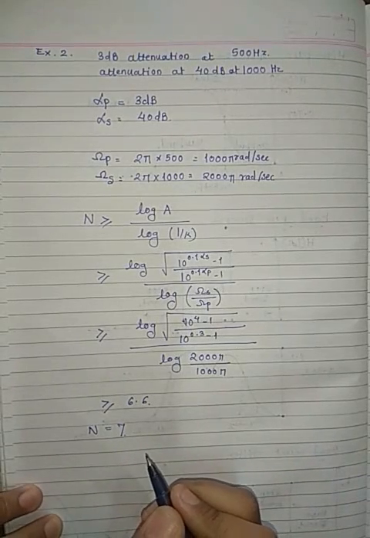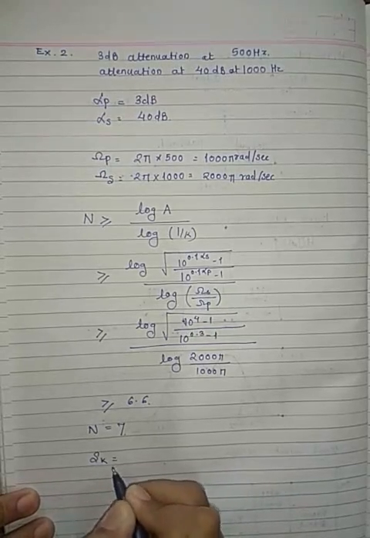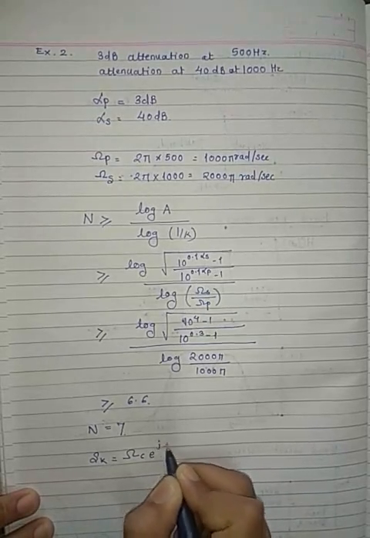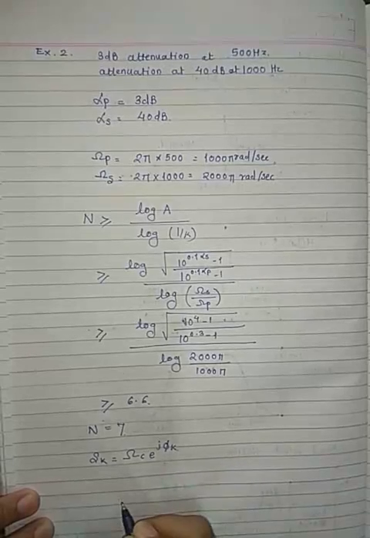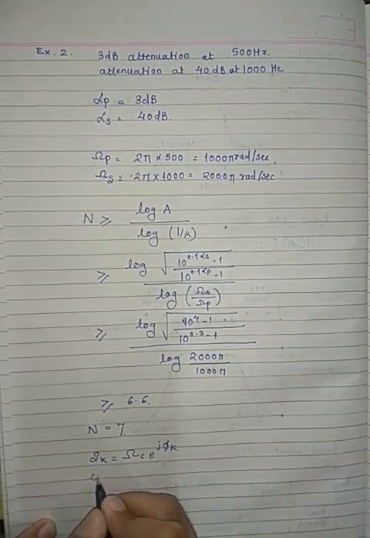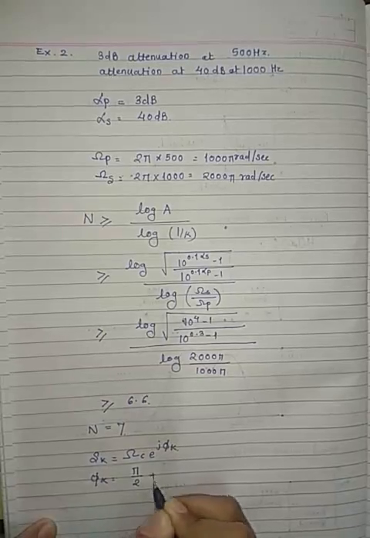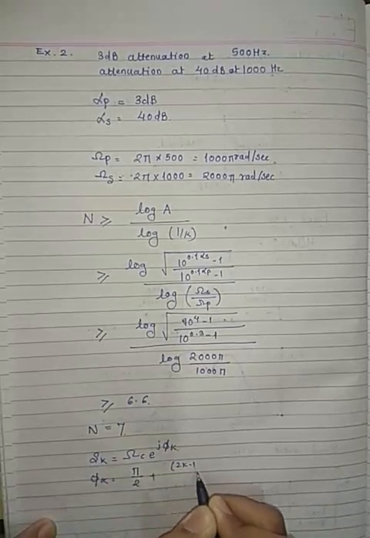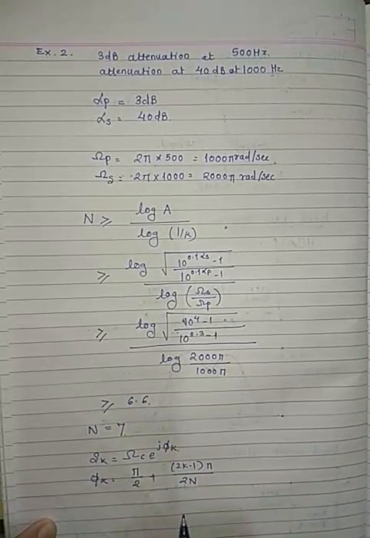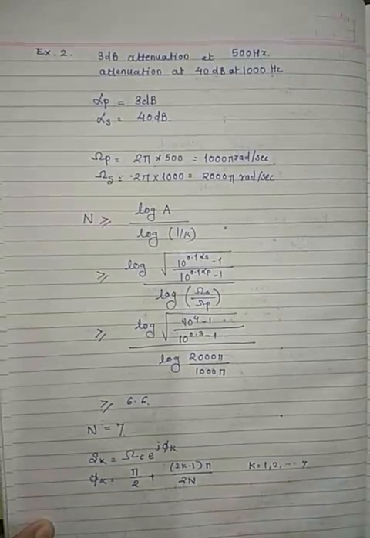Now we have to find out the poles of the Butterworth filter. How to find out? Sk is given as Ohm C into e raised to j phi k. So here we have to find out the values of phi k. Phi k is equivalent to pi by 2 plus 2k minus 1 into pi divided by 2n, where k varies from 1 to 7.